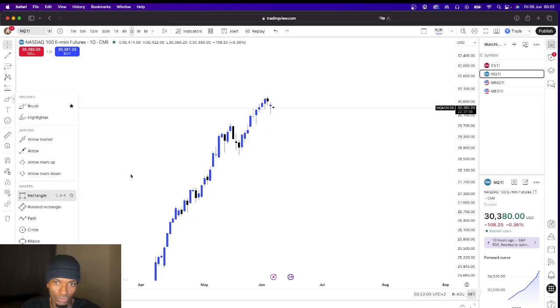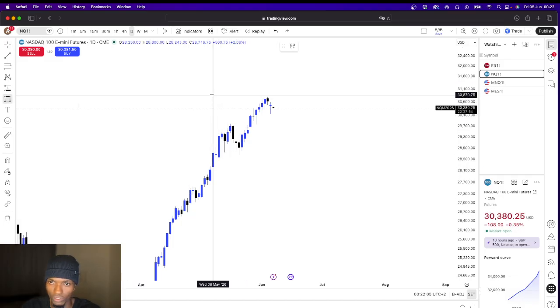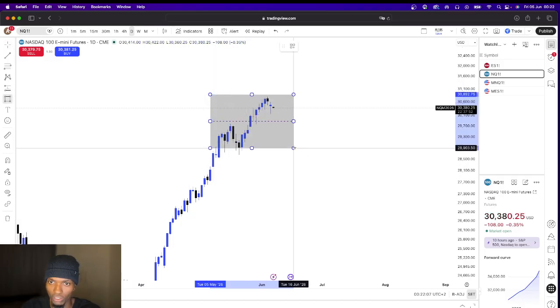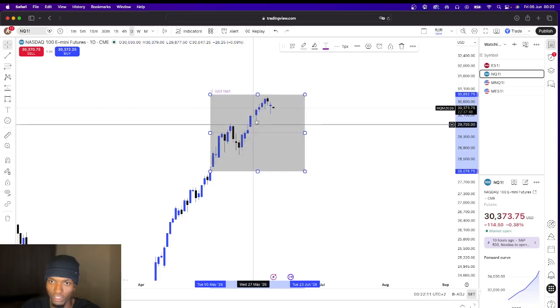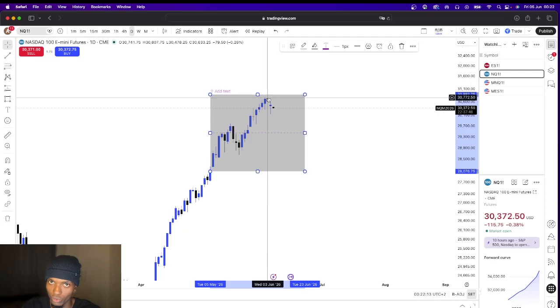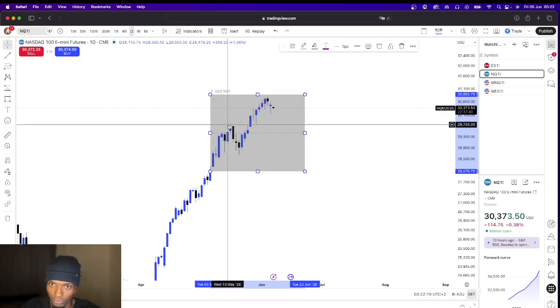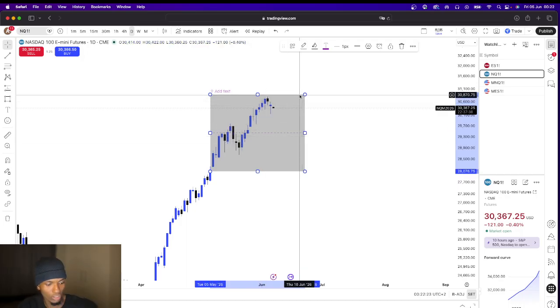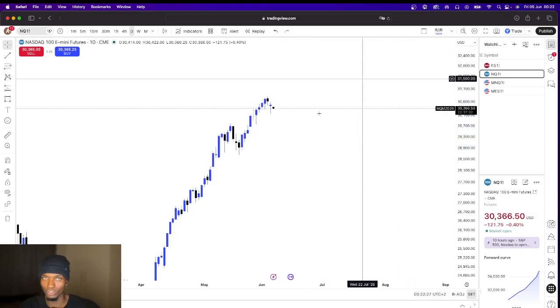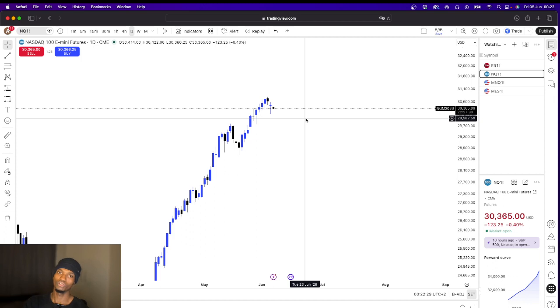If we look from left to right, from here to there, what do we have? An uptrend. We have a move up, a move down, a move up, a move down, a move up, and a move down. So for us to know our daily bias, that's what we'll be looking for: a move up and a move down.